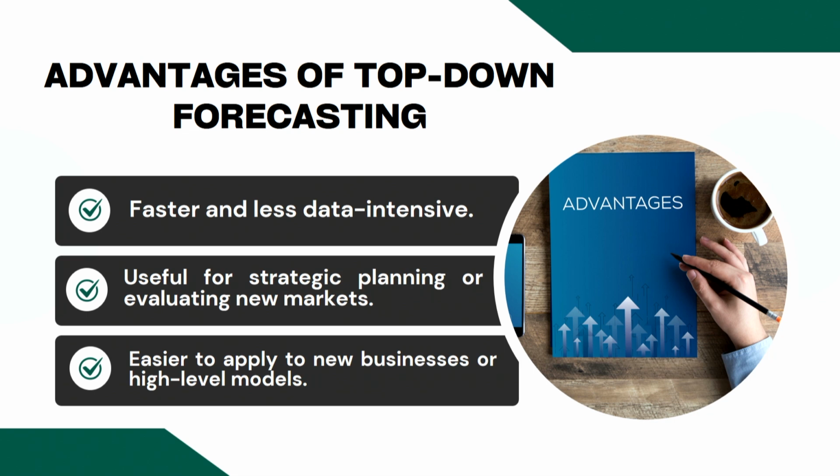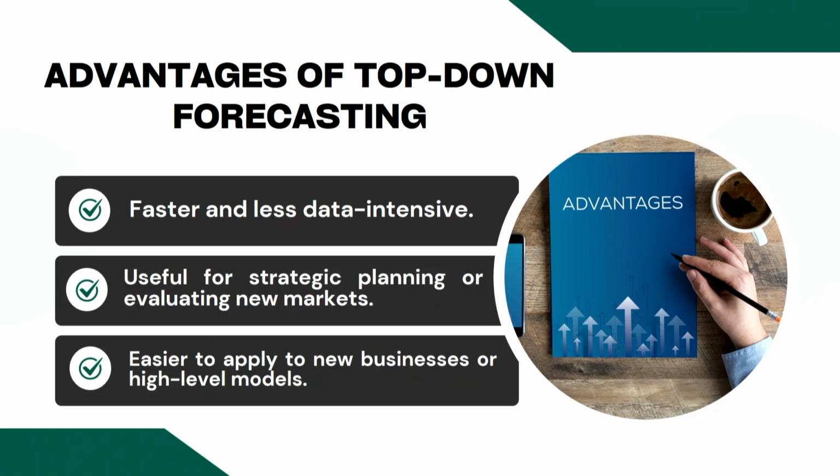There are certain advantages of this particular method of projecting the income statement, like that of the bottom up method. It is faster and less data intensive. Unlike the bottom up method, which is more data intensive, as we discussed, one of the fundamental limitations of the bottom up method is that it requires a heavy quantum of input level data, without which it is not practically viable to adopt it.